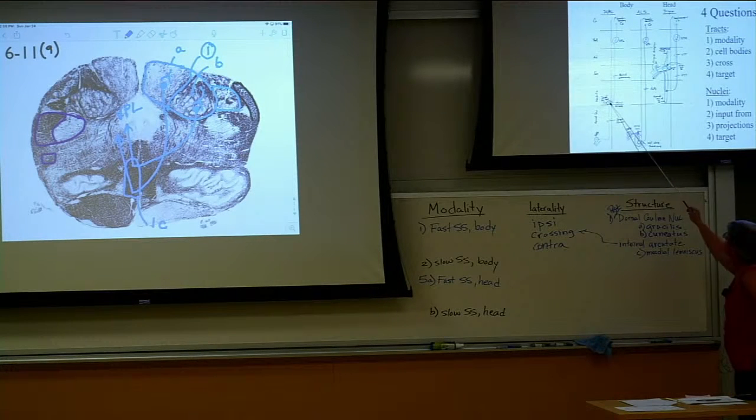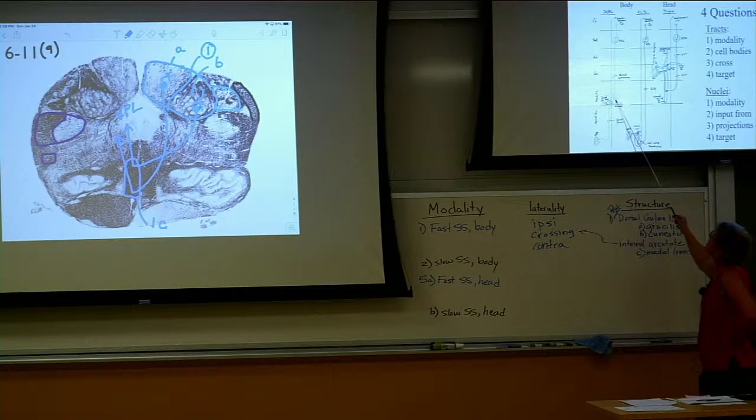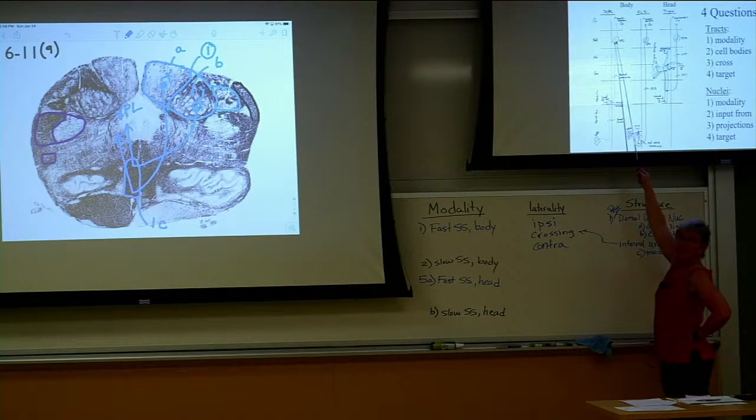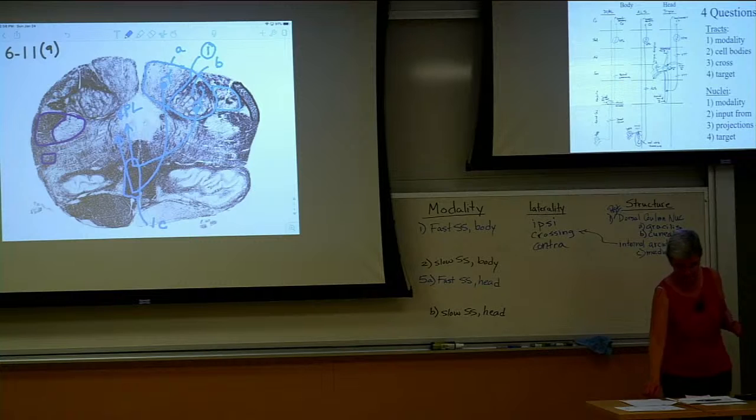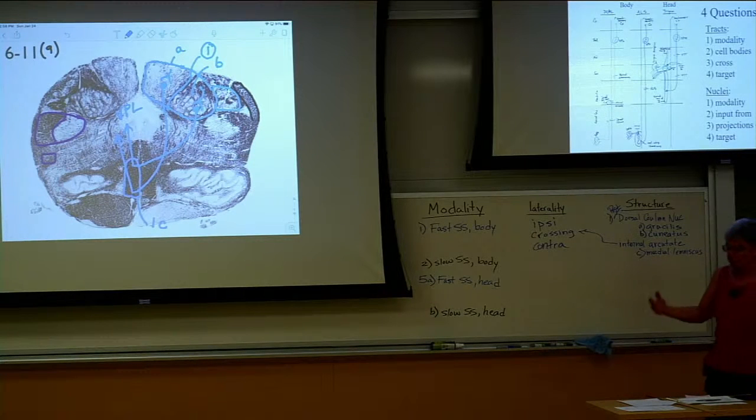Yes, indeed they did. And the next question is, what are the targets of these axons? Well, these axons are going to head to the ipsilateral thalamus, specifically the ventroposterolateral nucleus. You can read the answers to all of these questions off of this chart.